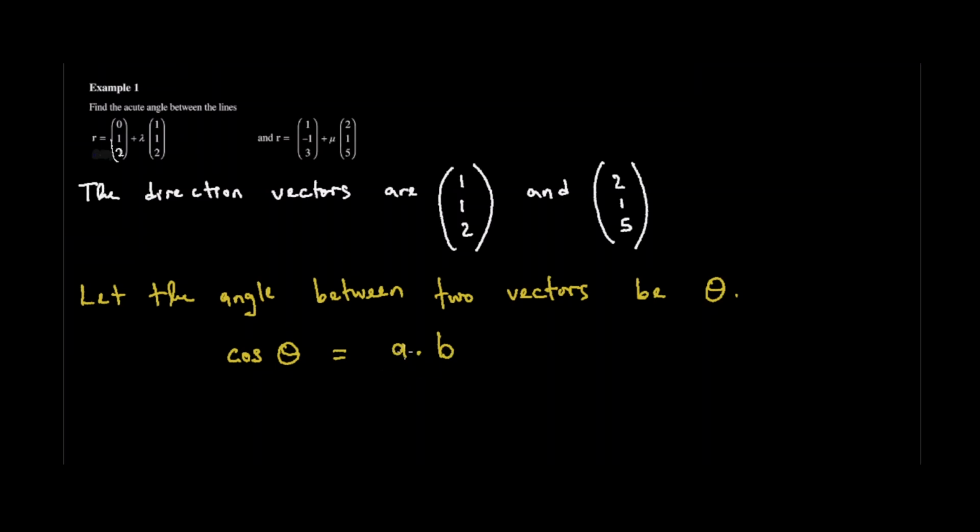So a dot b, but here you should appreciate that a and b are direction vectors. That's important. So it's a dot b over the magnitude of a multiplying the magnitude of b.